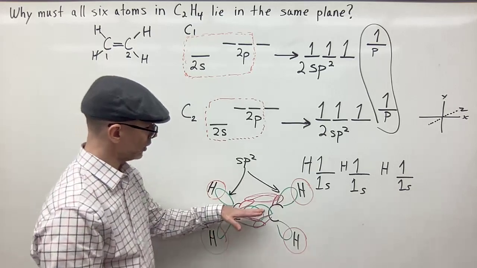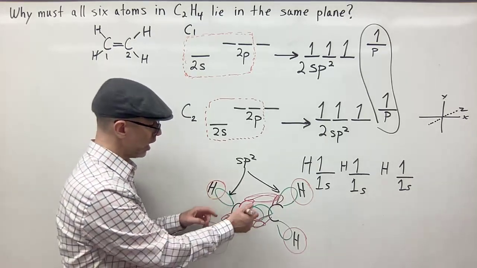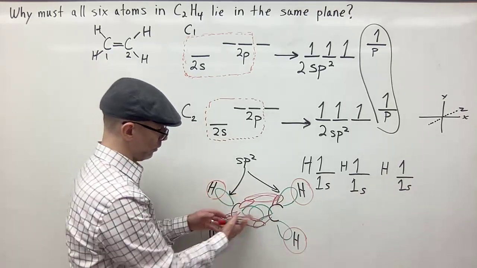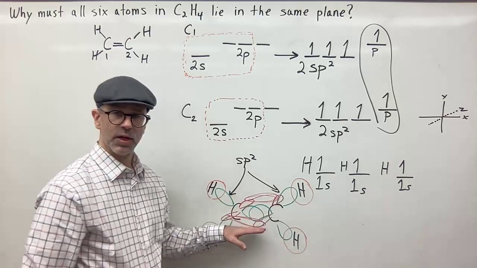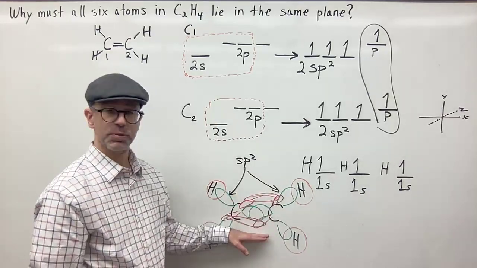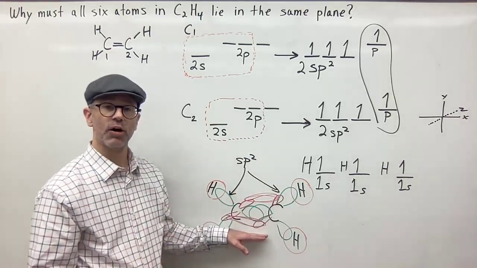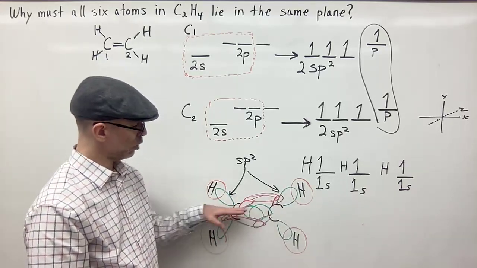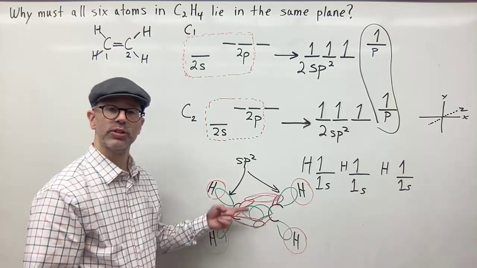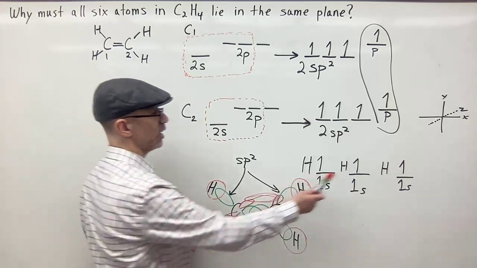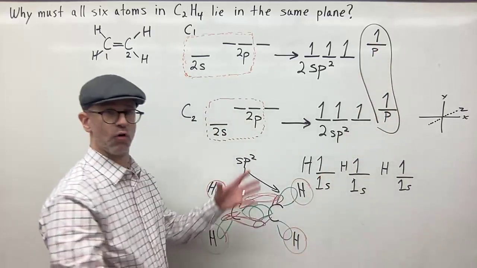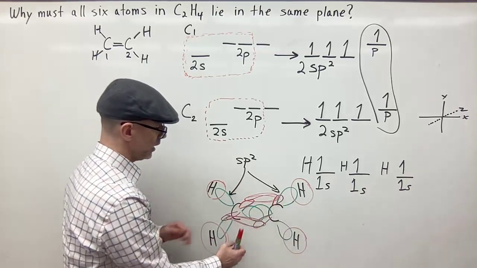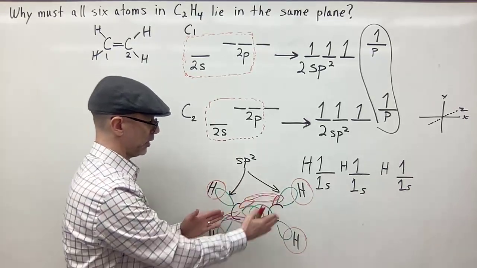And the pi orbital is going to keep the bond from rotating, right? So if there was no pi orbital, if these two unhybridized p orbitals were not involved in bonding, then you would have just a sigma bond here, a single bond, and then you'd have free rotation. But because you have these unhybridized p orbitals that are going to overlap and share the electrons, forming a pi bond, that pi bond is keeping everything in place.